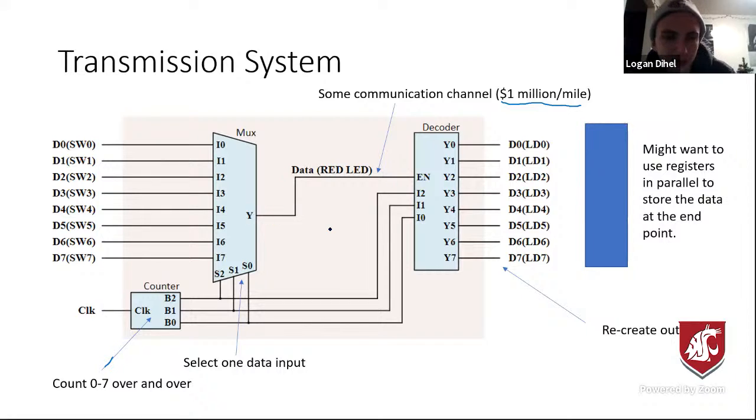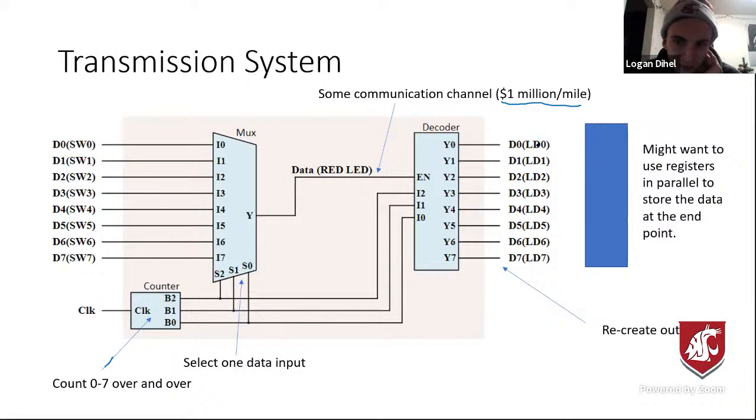I think that was on the first exam. It might be on the second, I don't know. But it just shows a different part. The counter is just counting 0 to 7, selecting input 0 to 7, and then the decoder is just outputting those values here.